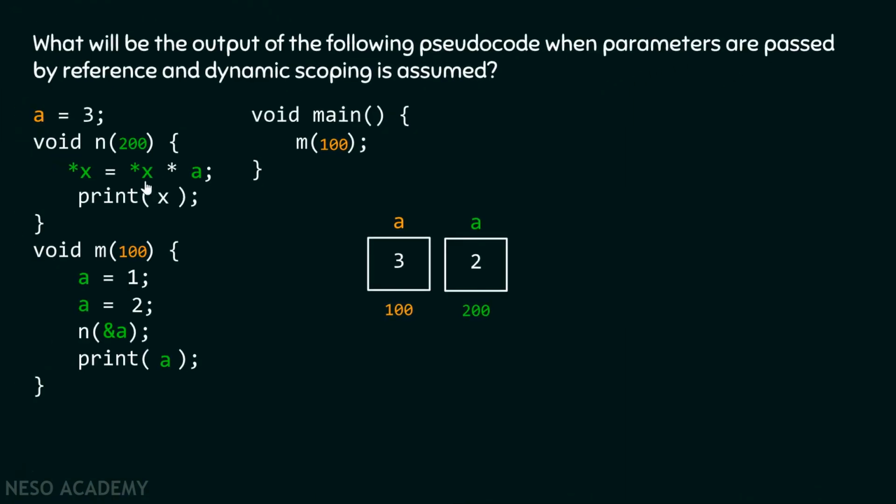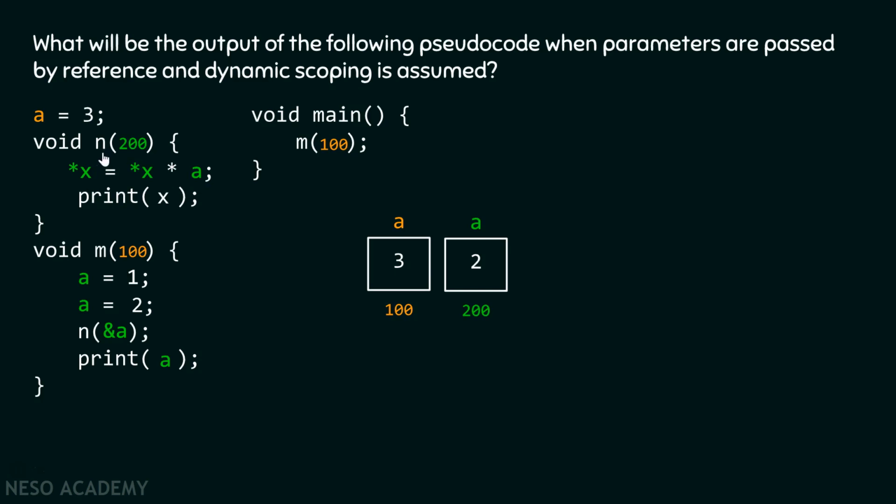Now as we have written star X, whatever is there inside this address will get accessed. That means this will get replaced by 2, and because we are assuming dynamic scoping as well, as it is written in the question, this variable will take the value of the variable which is available inside the caller of this function. This is what dynamic scoping is all about, right?